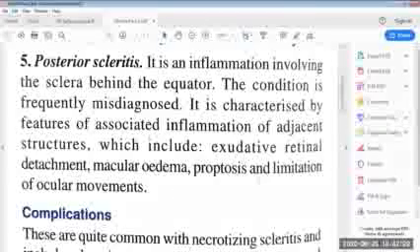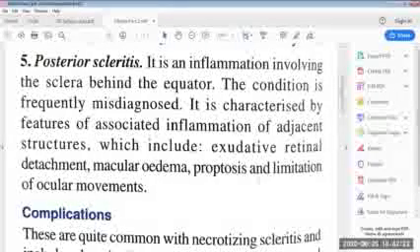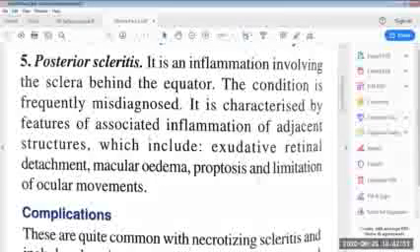It is an inflammation involving the sclera behind the equator, and the condition is frequently misdiagnosed. It is characterized by the features of associated inflammation on the adjacent structures, which include the exudative retinal detachment. What is the retinal detachment?